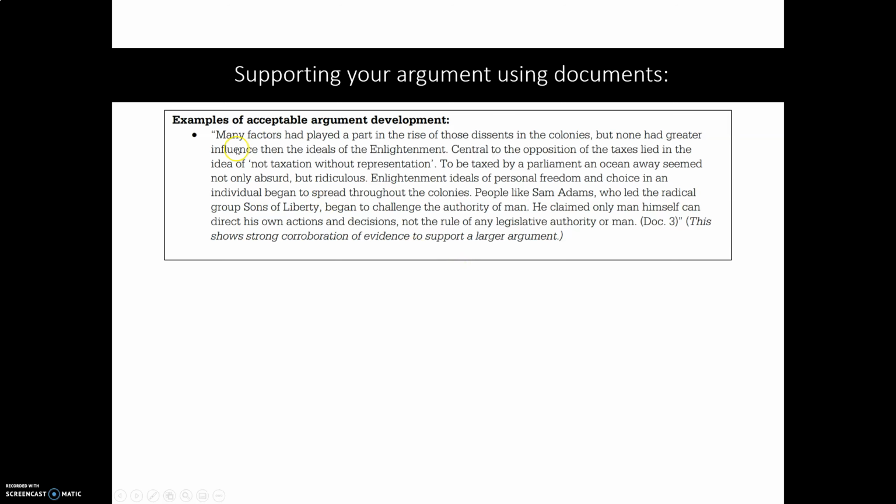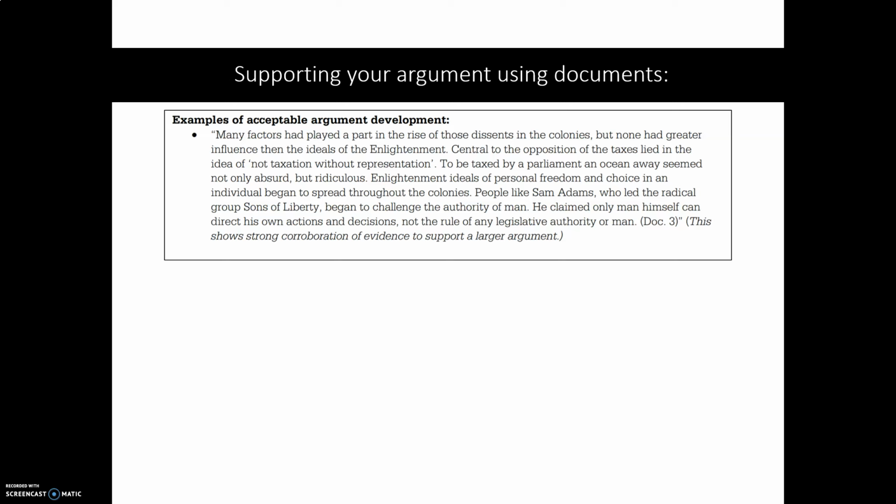Many factors had played a part in the rise of those dissents in the colonies, but none had greater influence than the ideals of the Enlightenment. Central to the opposition of the taxes lay the idea of no taxation without representation. To be taxed by a parliament an ocean away seemed not only absurd but ridiculous. Enlightenment ideals of personal freedom and choice in an individual began to spread throughout the colonies.